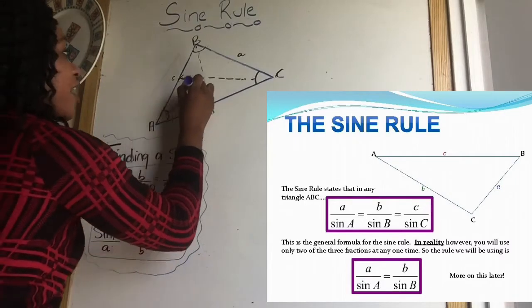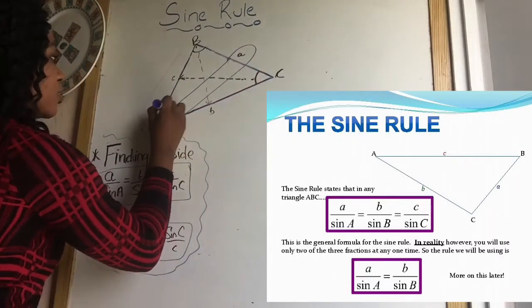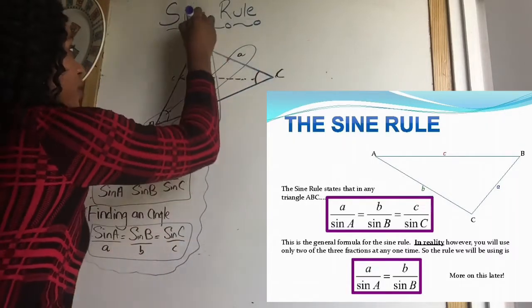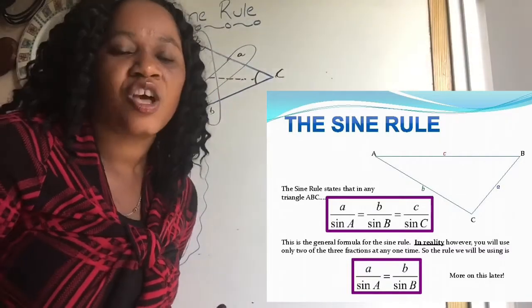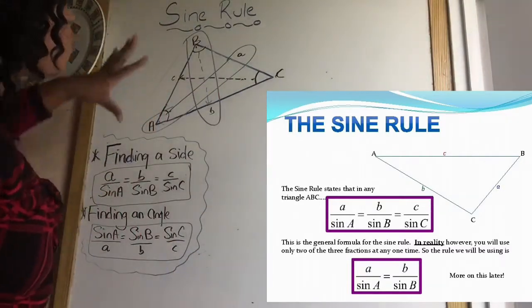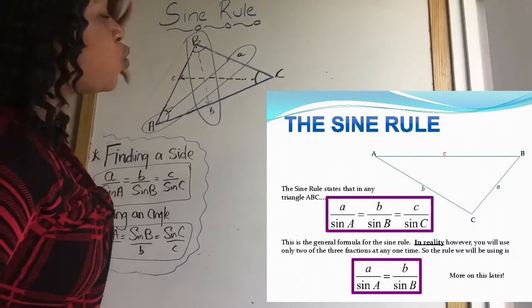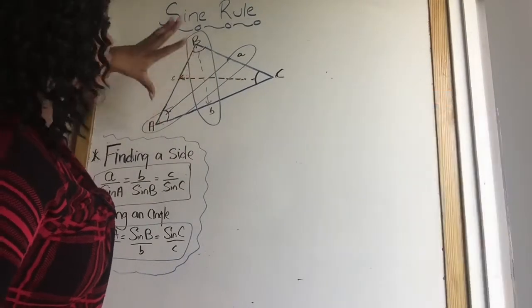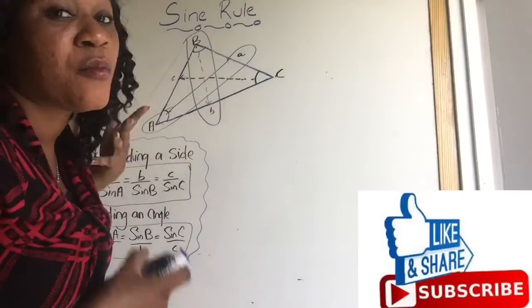It could be A, opposite this one. It all depends. But you must be given at least two opposites, so you get two angles and two sides.